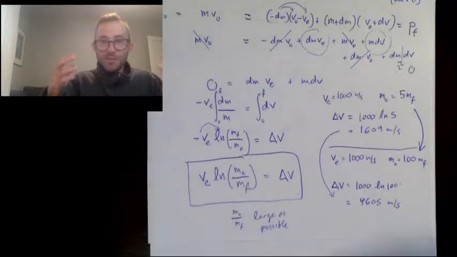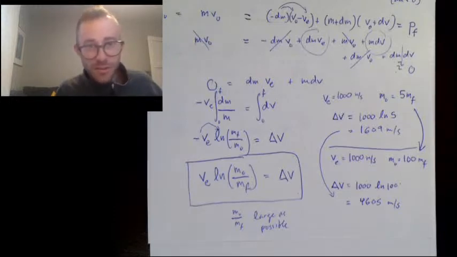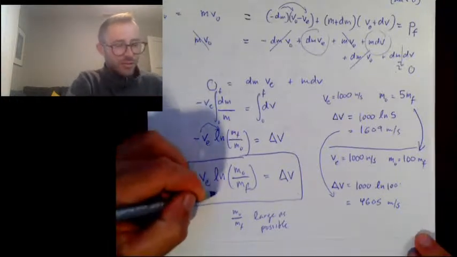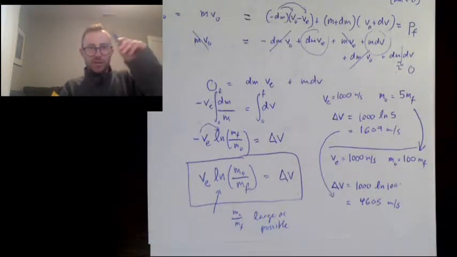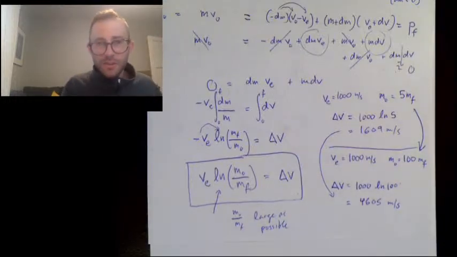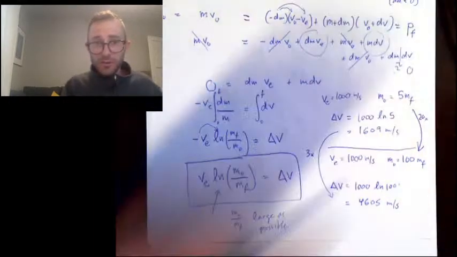You could do 1,000 times the mass, but you're not going to get anywhere close to 1,000 times the delta V. You have these diminishing returns because of the natural log function. Its slope is very flat, and this is why it is so difficult to do space travel.